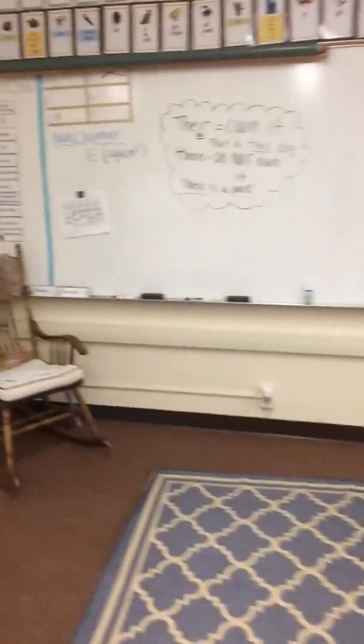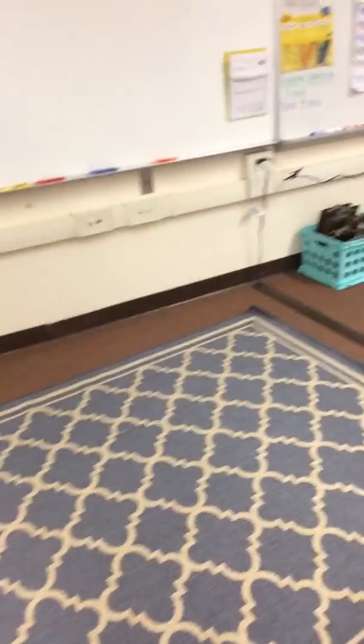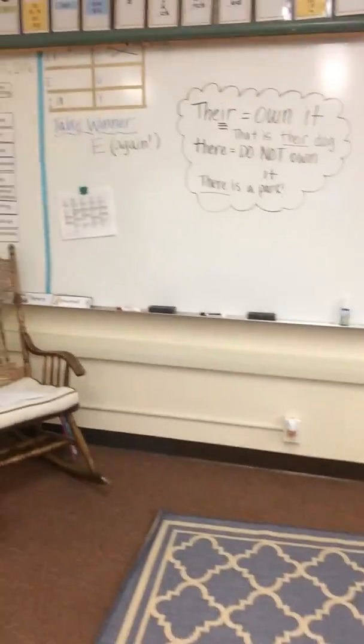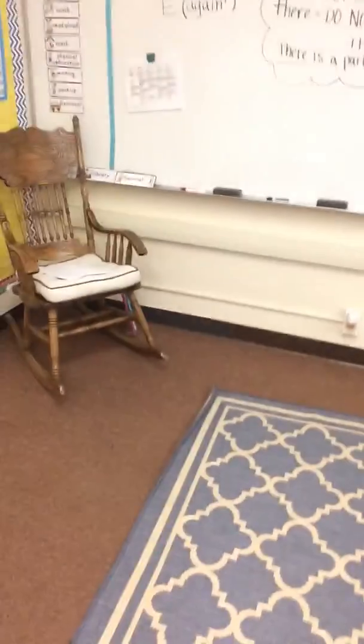This is where we do morning meeting, where I sit during calendar time, and the students sit on the blue carpet, and they are obviously very easily able to get to me because I am literally just an arm away. So those are the 3 places I usually sit during our class time.